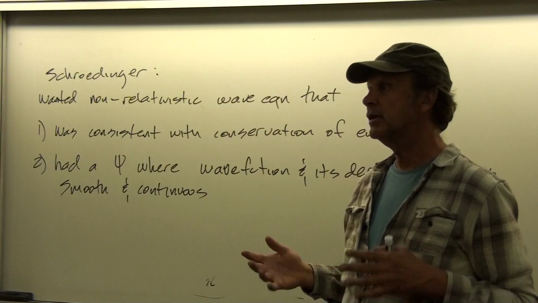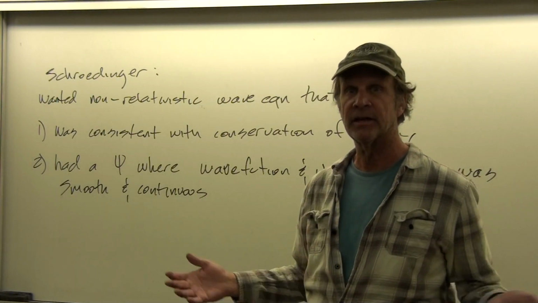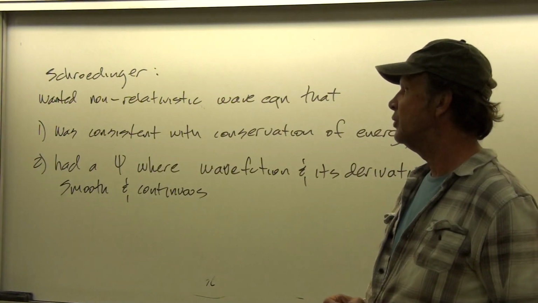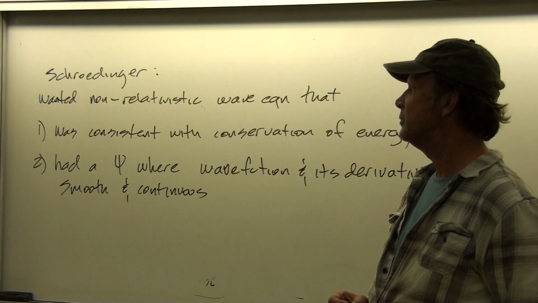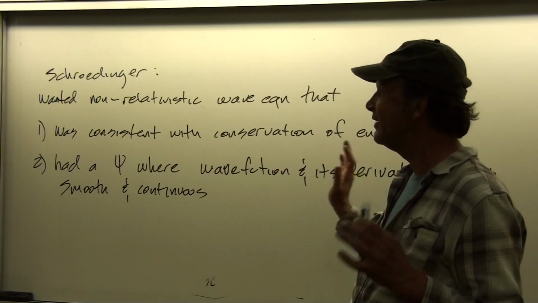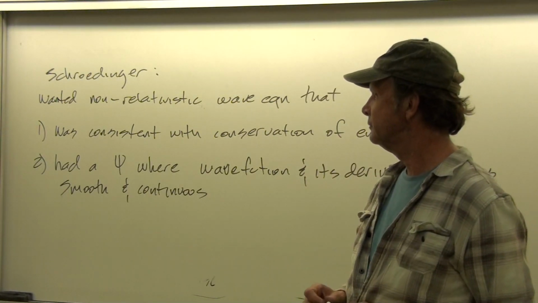The indications were that the electron's motions around a hydrogen atom were non-relativistic, and so most of the important properties of the system could probably be determined by a non-relativistic solution. And there are some big problems with the relativistic solution that we'll get to later.